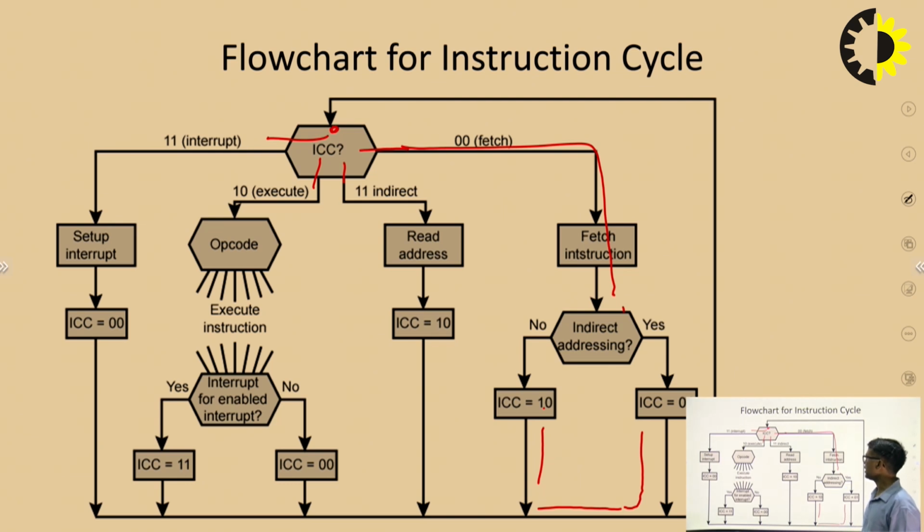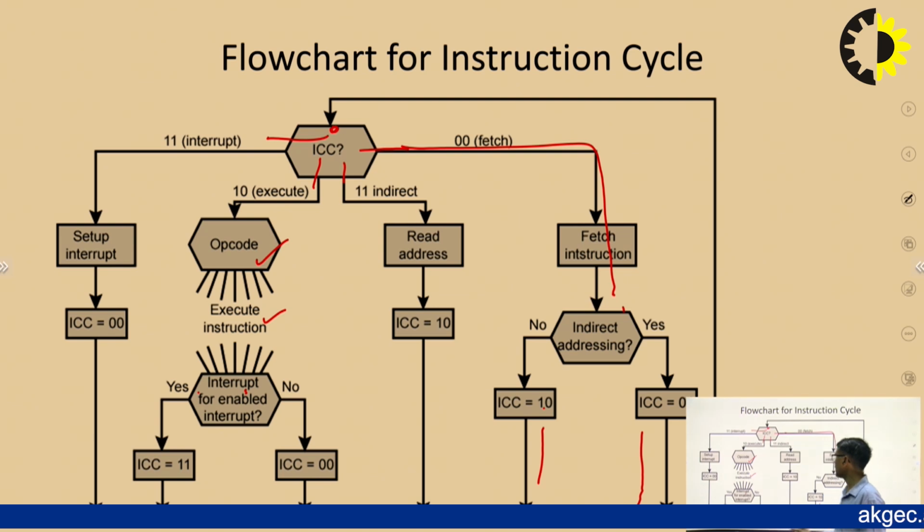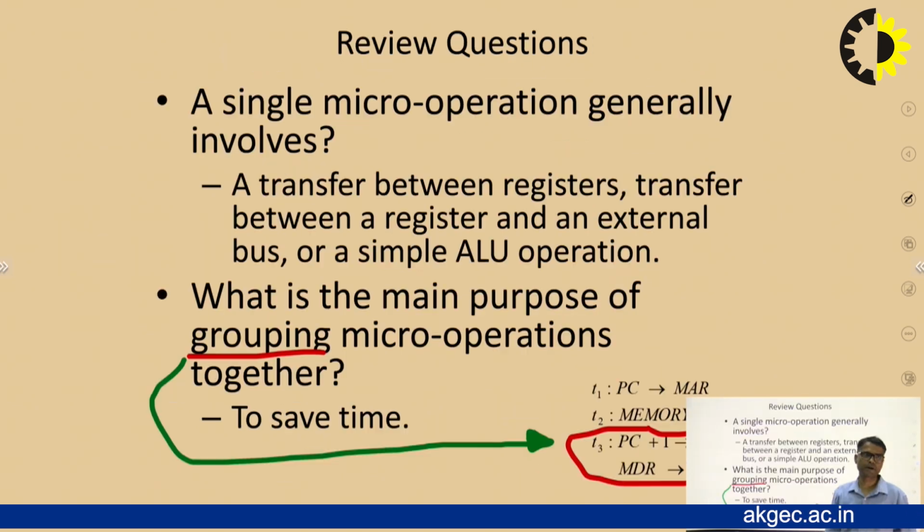If execution is to be done, we move here. Then the opcode will execute on the data, and if an interrupt is enabled, it will serve the interrupt. If it is not enabled, it will directly execute and start from 00 again.